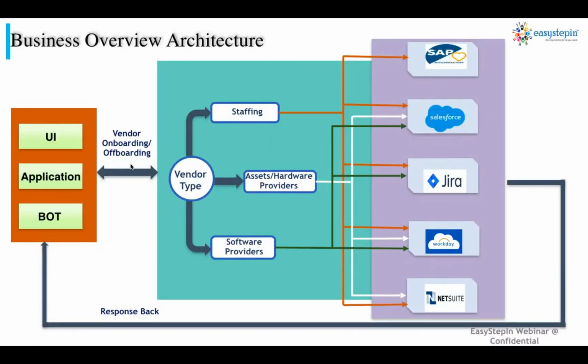So the request for vendor onboard, offboard can come from different sources, say like VMS UI, external applications, and Slack bot, etc. So we get the request here, and based on the vendor type, that is say staffing, hardware provider, or software providers, the data is routed to the various applications here. Say for example, if vendor type is staffing, the data is sent to SuccessFactors, Salesforce, Jira, Workday, and NetSuite. And if the vendor type is hardware provider, the data is sent only to Salesforce, Workday, and NetSuite.